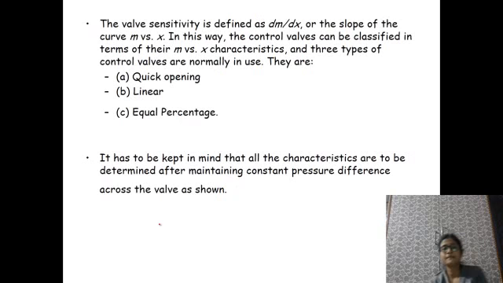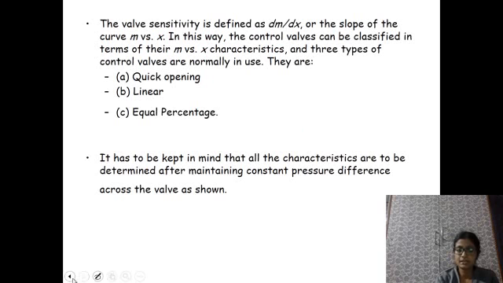Now the valve sensitivity is defined as dM/dX, the slope of the curve M versus X. That means dM/dX. In this way, the control valves can be classified in terms of their M versus X characteristics.